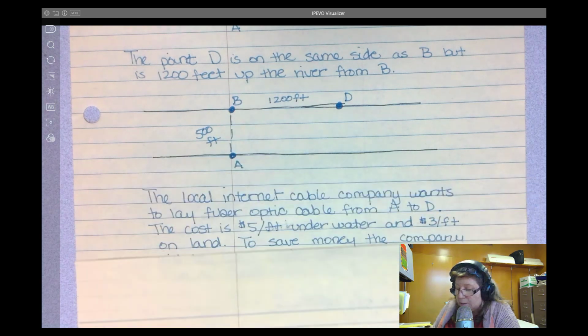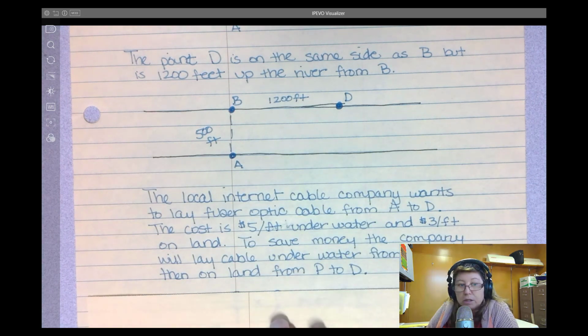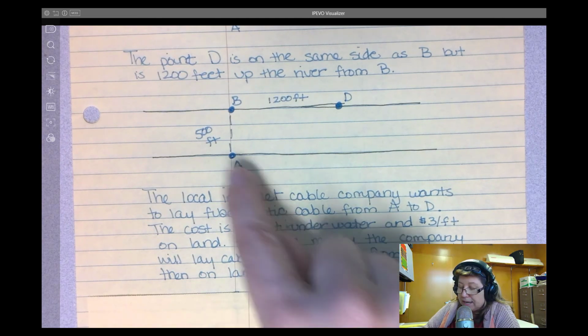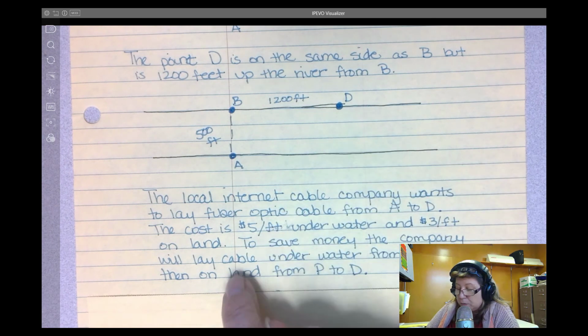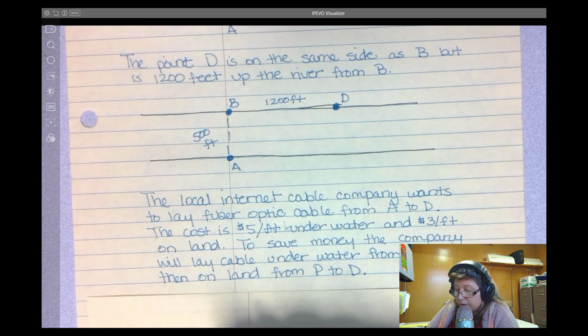Now here's the problem. The local internet cable company wants to lay fiber optic cable from points A to D. But it costs 5 feet per foot if we go underwater, and only 3 feet per foot if we go on land. So staying on land is going to be cheaper for us.